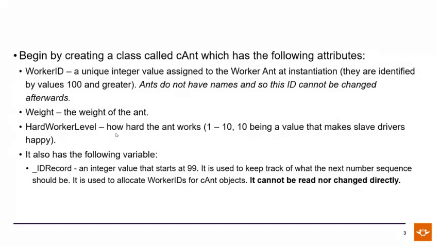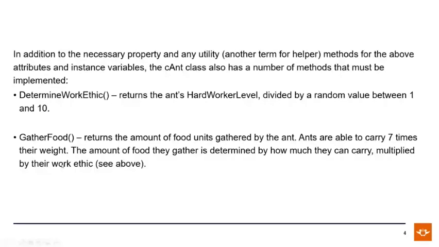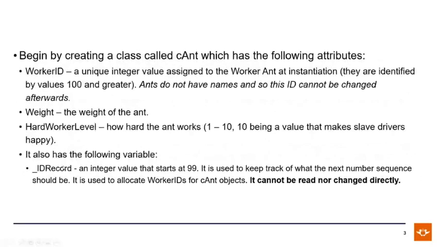Underscore IDRec, an integer value starting at 99, is used to track the values in the sequence. Any idea what type of variable this ID record is going to be? Good.